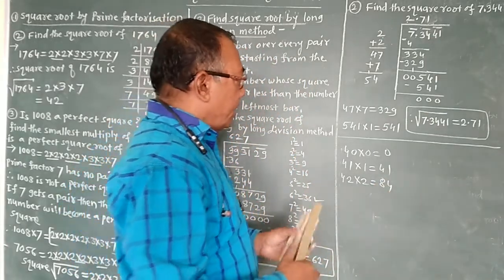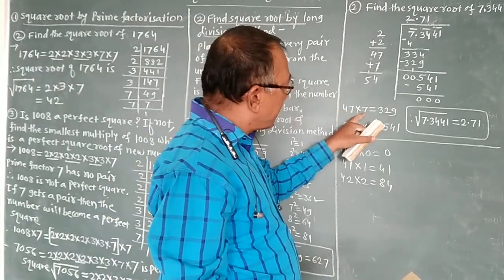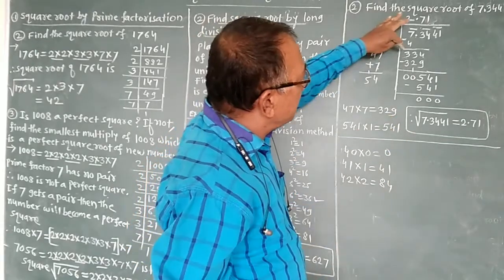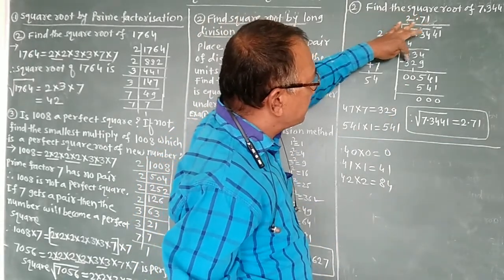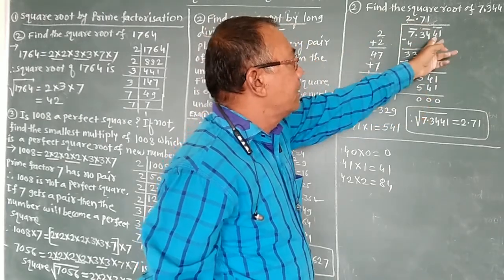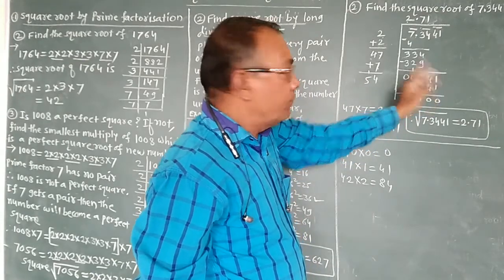In this way I selected 7 next to 4 and multiplied by 7, which gives 329. So 334 minus 329 is 5. Now take the next pair, so the number becomes 541.